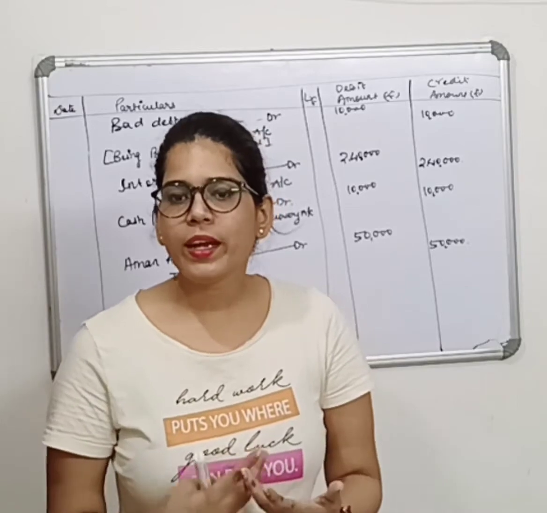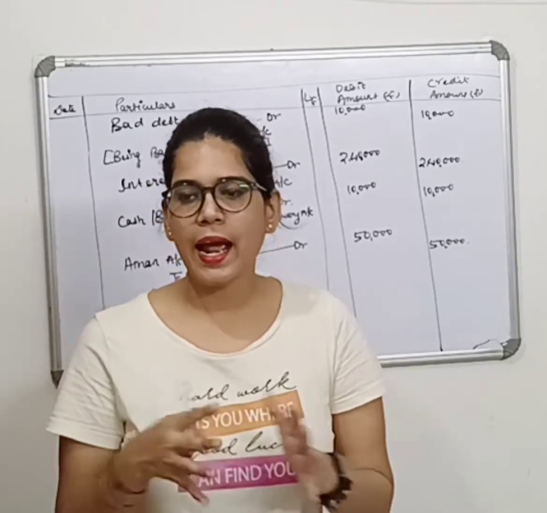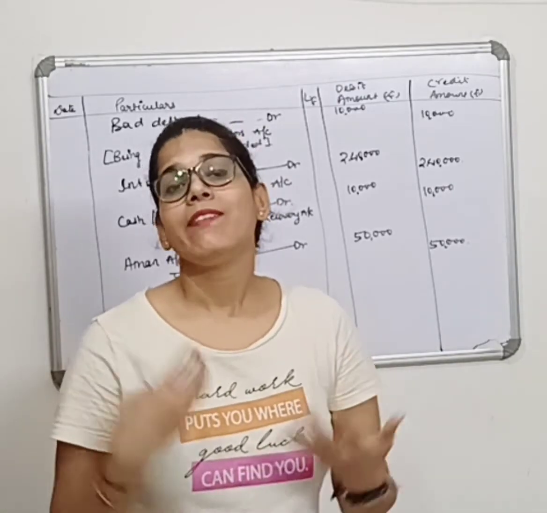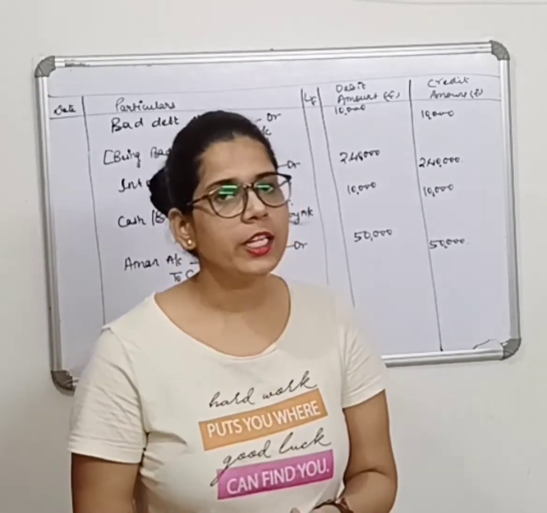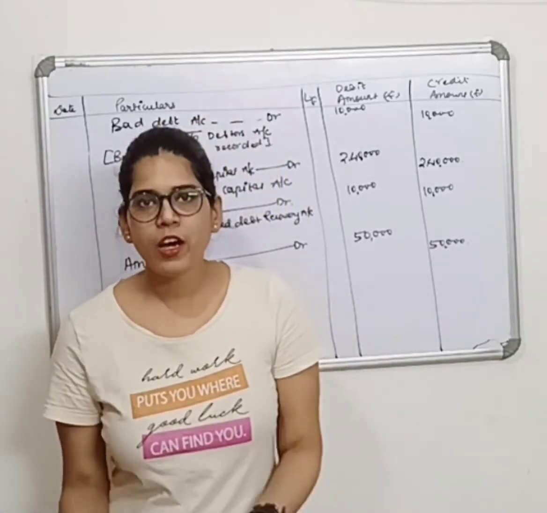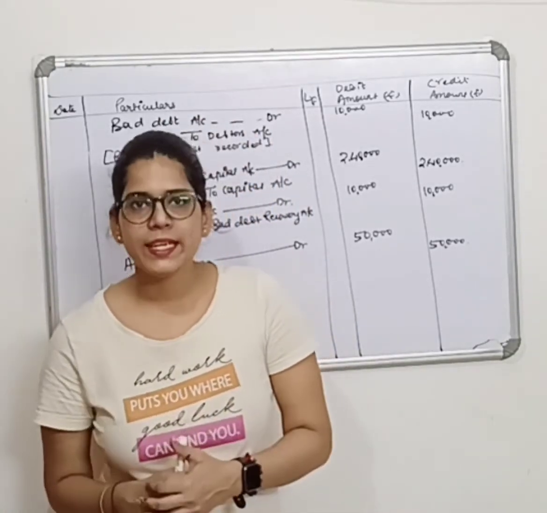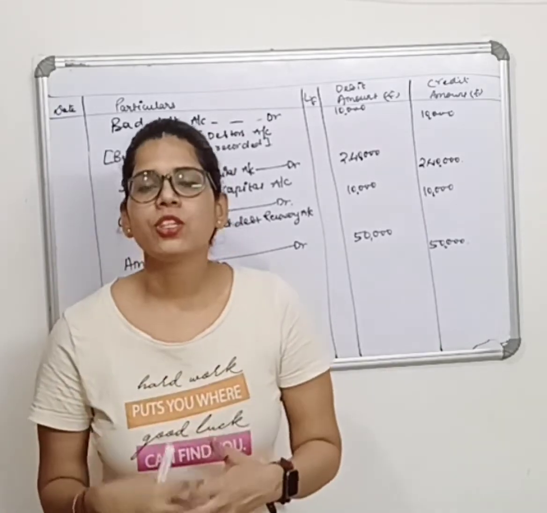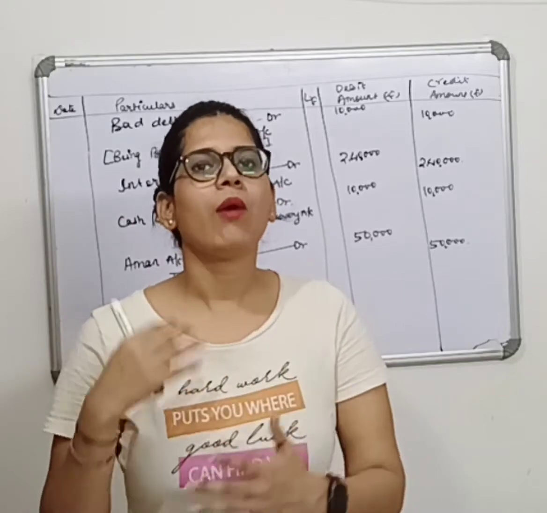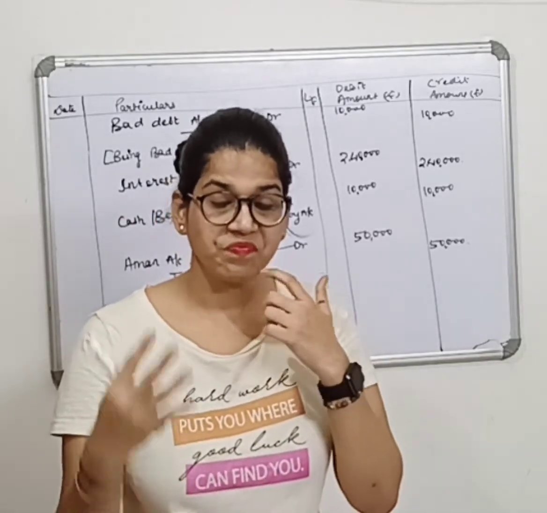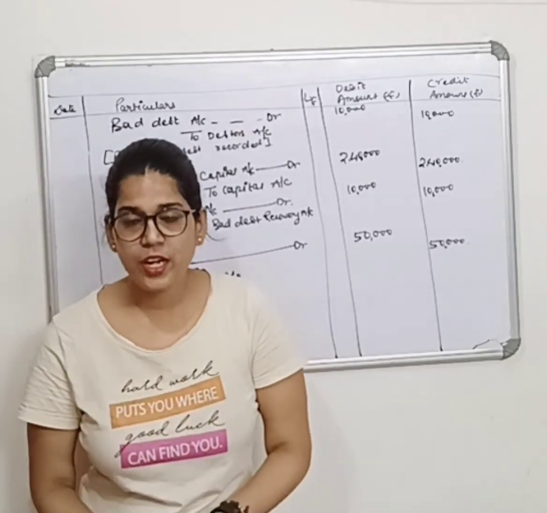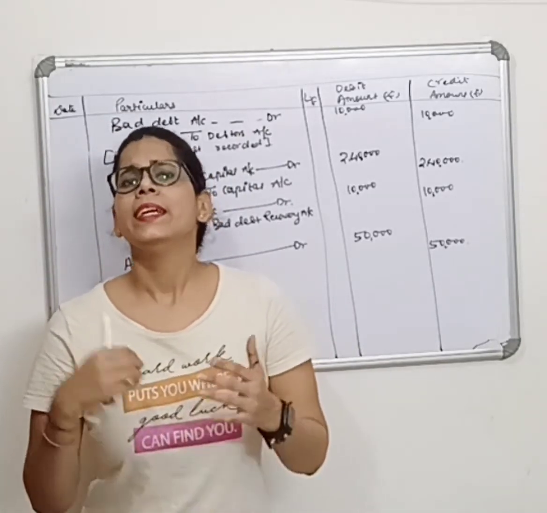When I sold the goods to Aman, I had discussed a date on which the payment would be made, but now I have asked Aman to make an early payment, for which I have given him an offer to pay rupees 2,000 less, which in my case will be discount allowed because I am allowing him a discount. Discount allowed is a kind of loss for us, and hence it will be debited.